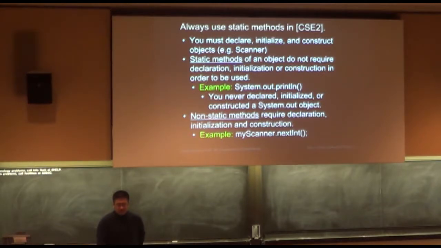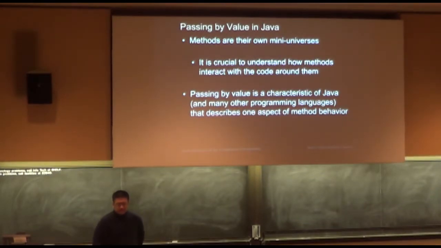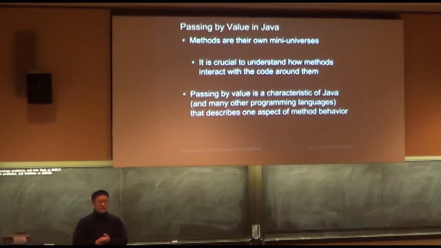I want to skip some of these slides so that we can get to the meat of the question here. So in Java, we use the concept called passing by value. Methods in Java pass data into the method by value and not by reference.